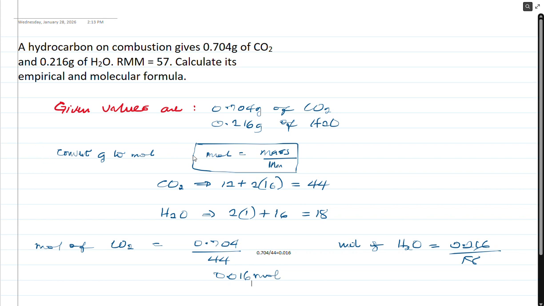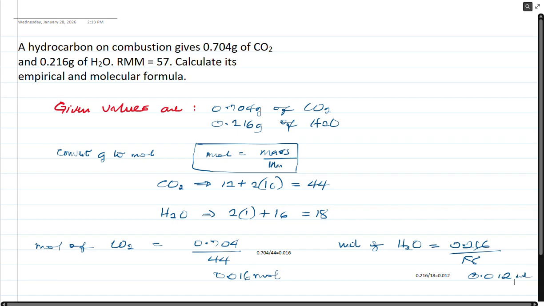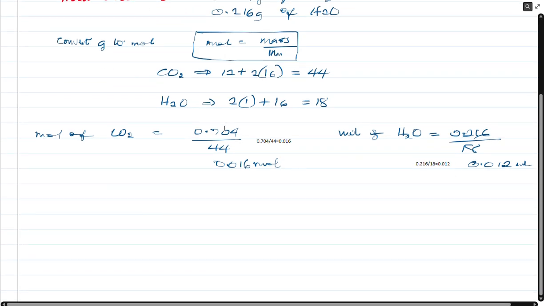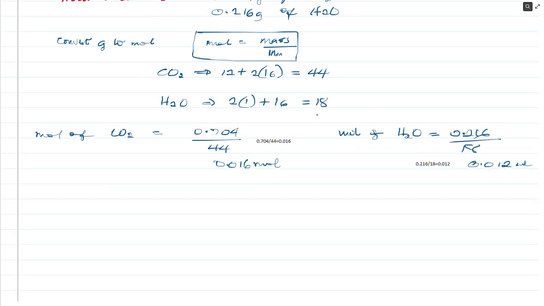For water, we do the same thing: 0.216 divided by 18 is equal to 0.012 mole of water. So we've gotten the mole of water, and we've gotten the mole of carbon dioxide.